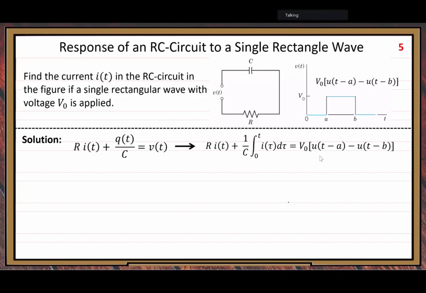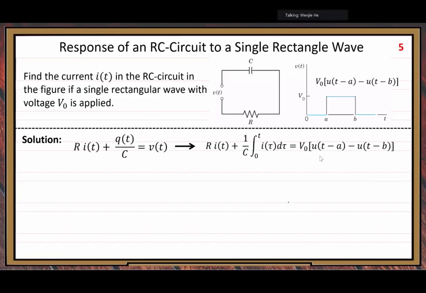So after the replacement, you can see only the little I function is unknown, right? All other numbers are known. So we only need to solve this equation. But in this equation, you can see no derivative, but you have an integral. So we call it an integral equation. Not a differential equation, an integral equation.